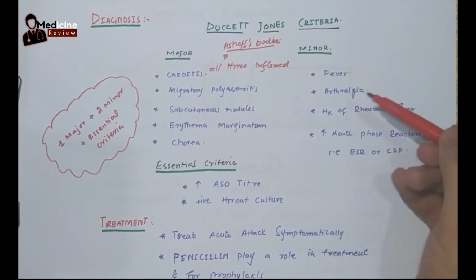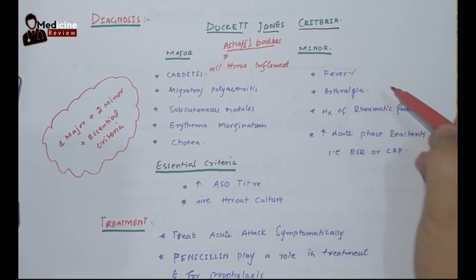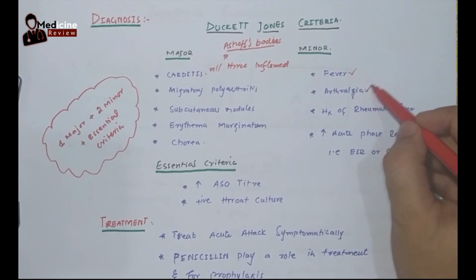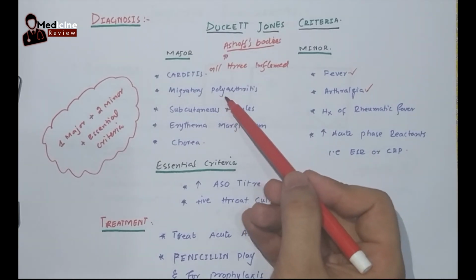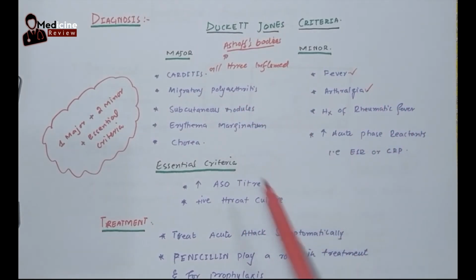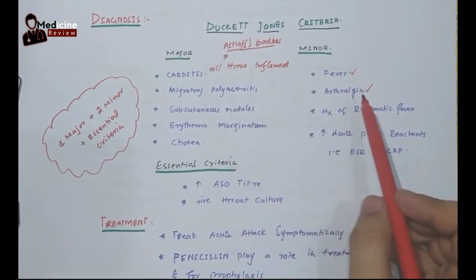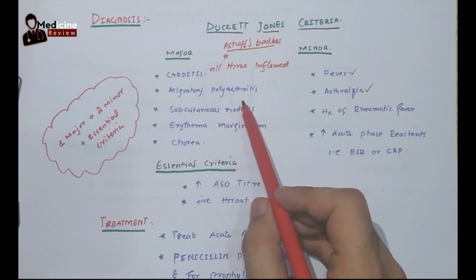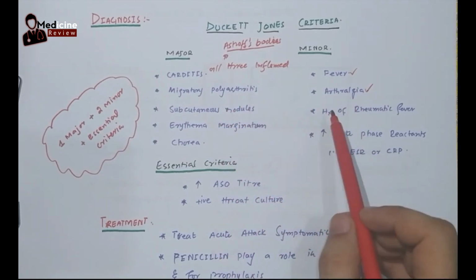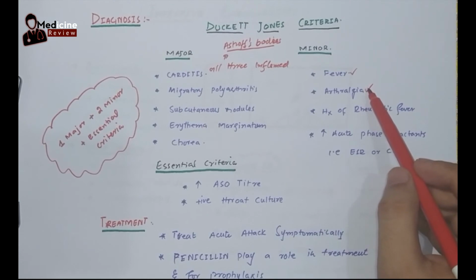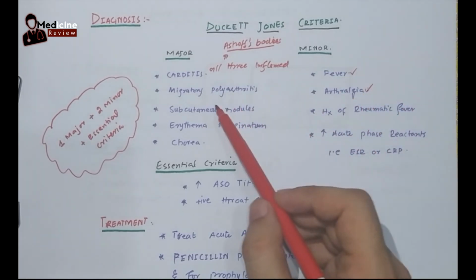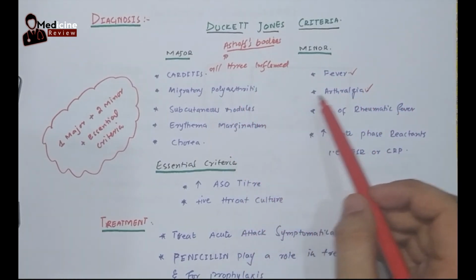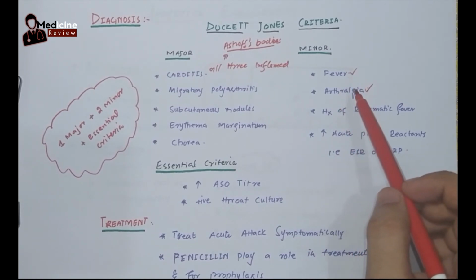Another is minor criteria, so there will be fever and arthralgia. Look at this point: if there is polyarthritis, there will be inflammation. But if there is no inflammation and only pain, then it is added as a minor criterion. If there is polyarthritis, then we will not include this.